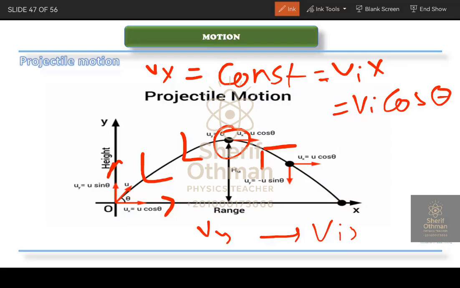By falling down, the vertical velocity will increase again by a negative value, as the object is now moving in the opposite direction of the projection motion, to reach the ground again. By reaching the ground, you reach the initial velocity with a negative value.